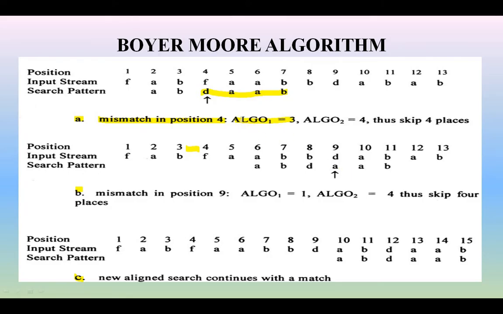So from the mismatch you skip four places: 1 2 3 4, you skipped the four places and started at the sixth position in round number 2. Four places are skipped here, and now you started at the sixth here, ABD AAB.